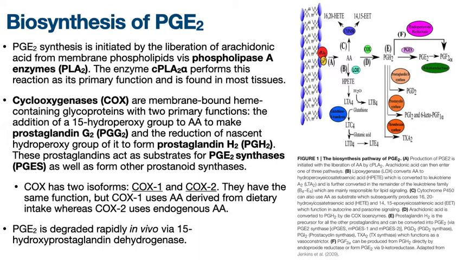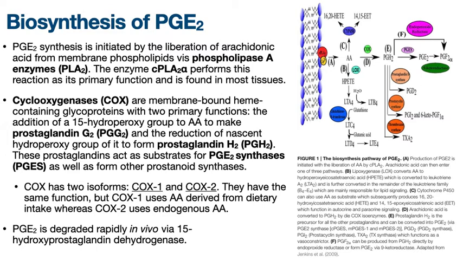And as I previously stated, we have those cyclooxygenases and those prostaglandin E2 synthases that are very important for turning the arachidonic acid into prostaglandin E2. Cyclooxygenases are what we'll start with first, and they are membrane-bound heme-containing glycoproteins with two primary functions: the addition of a 15-hydroperoxy group to arachidonic acid to make prostaglandin G2, and the reduction of nascent hydroperoxy groups to form prostaglandin H2.